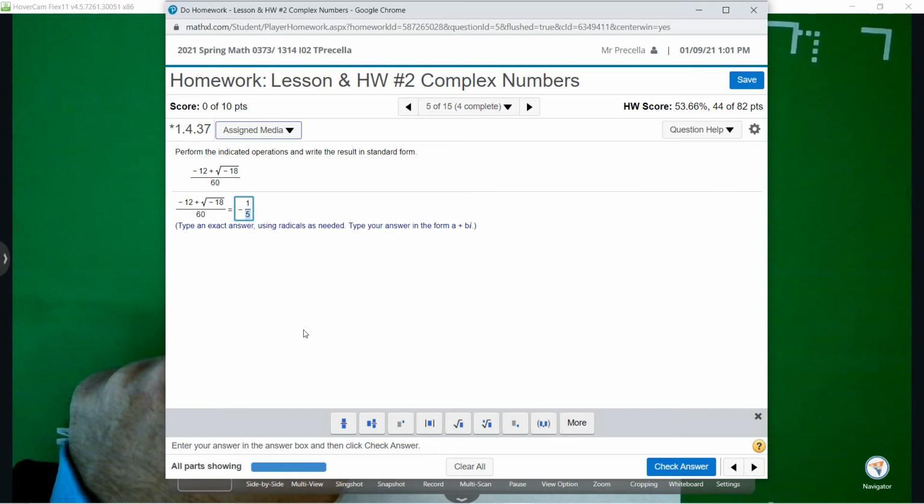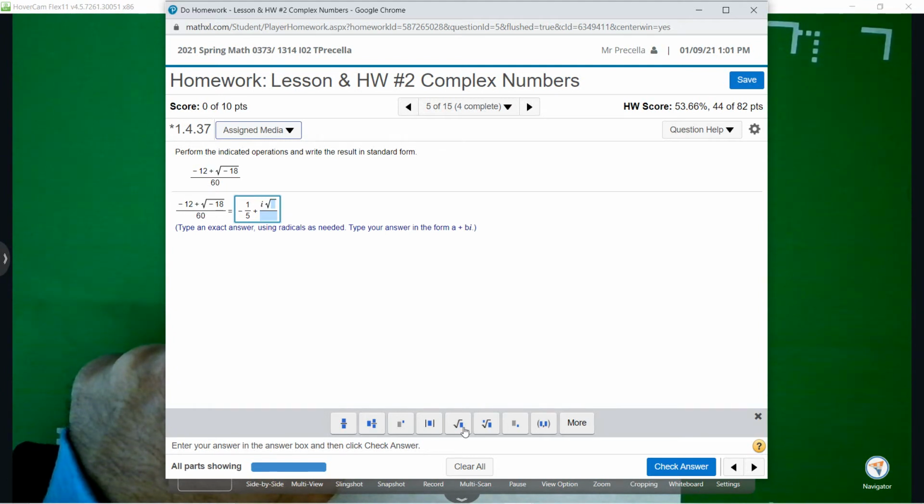So I'll go right arrow, plus, and the next is a messy fraction, so I'm going to use that: i square root of 2 all over 20.